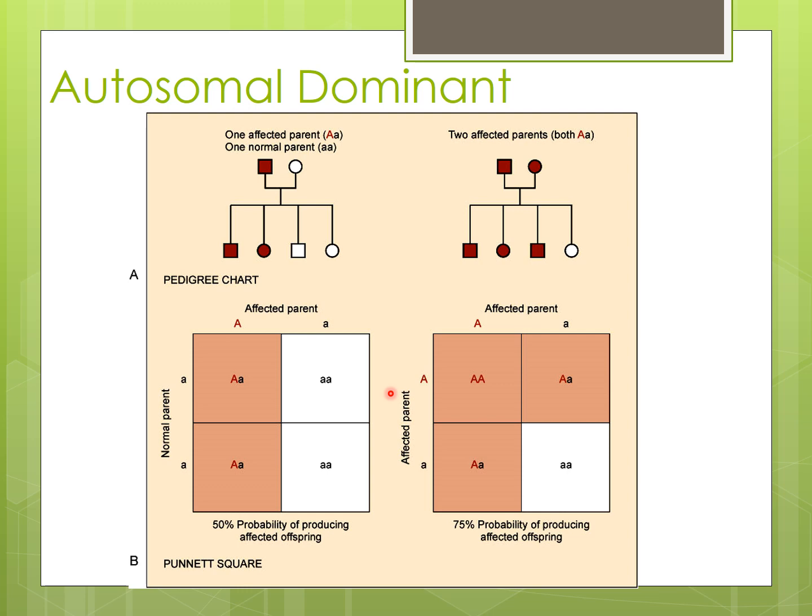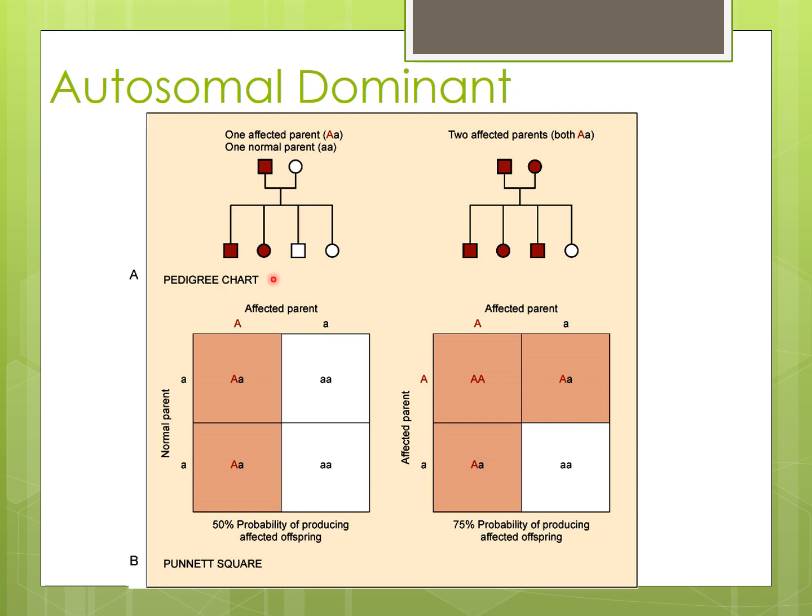It's really about probability: there is a 50-50 chance that offspring from this mating of one heterozygous affected parent and one normal parent will be affected and carrying the disease trait, or not.